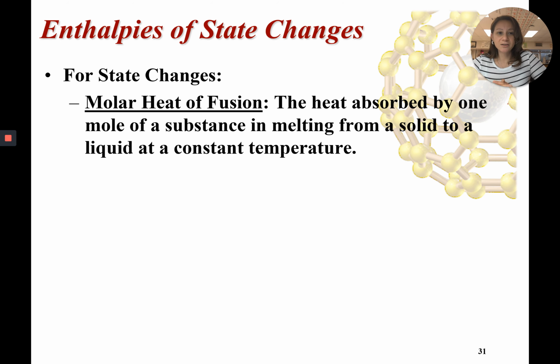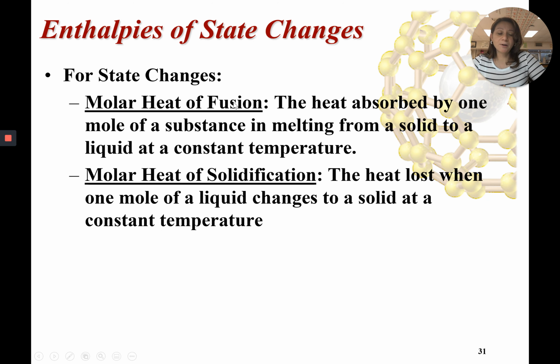So it is the heat that's absorbed by 1 mole of your substance as it melts from solid to liquid at constant temperature. And they were able to figure out what that amount of heat is because they kept adding until it just melted. They call that the molar heat of fusion. It is the heat that is needed for 1 mole of your substance to melt. Fusion means melting. Well, similarly, there's molar heat of solidification.